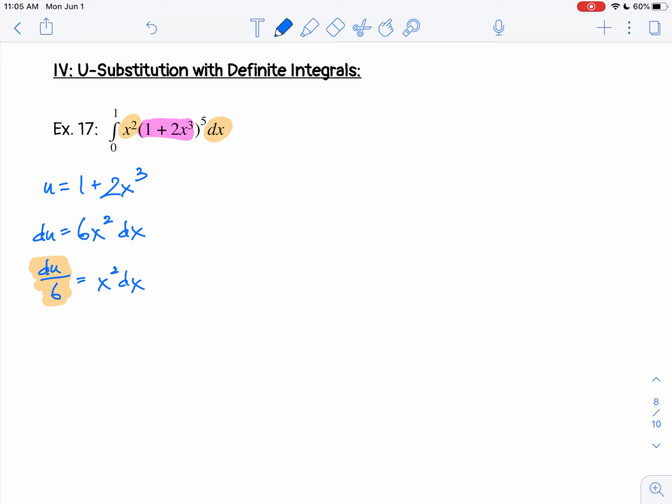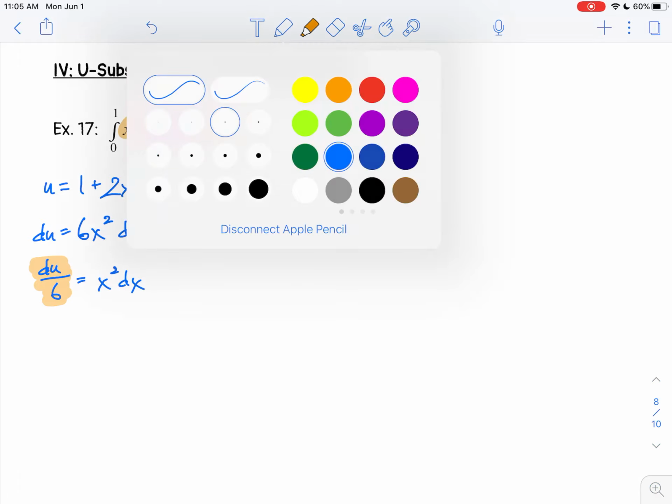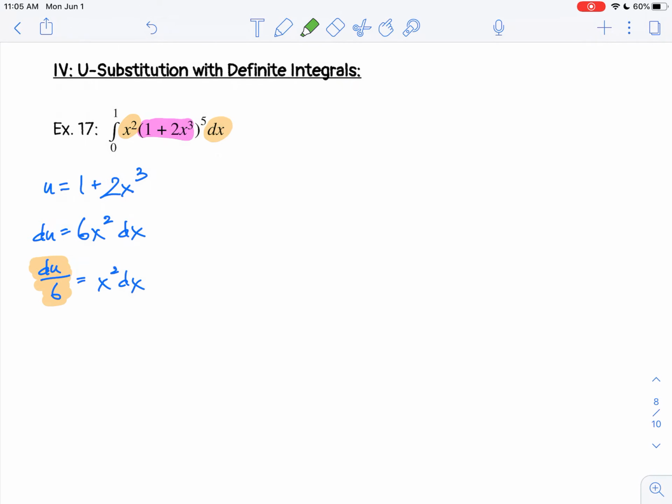But now let's take a look at the bounds. Because when we substitute, if we change everything to u's, we need the bounds to also be u's. So let's see what we have. On the bottom bound, we have a 0. So I'm going to take 0 and plug it into my equation for u. So u of 0 is going to be 1 plus 2 times 0 cubed, and that is equal to 1 plus 0, or 1.